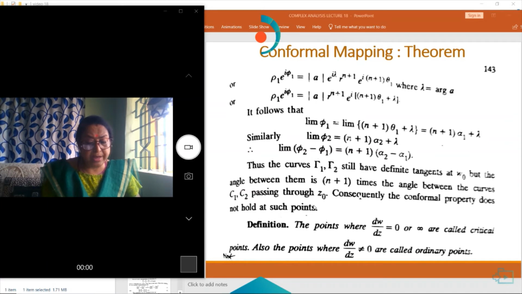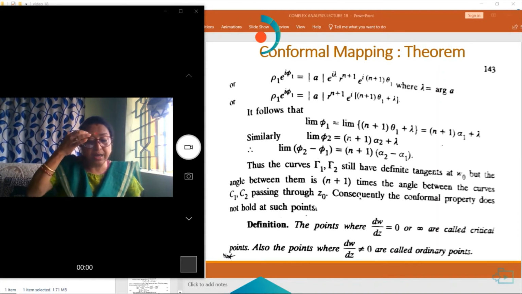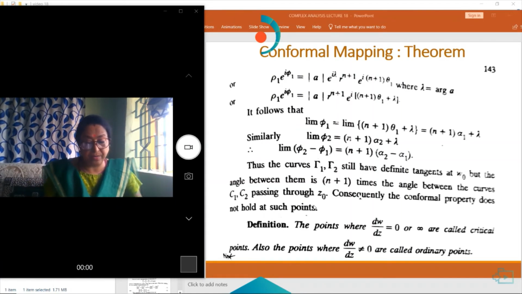Phi 2 minus phi 1 is in the W plane and alpha 2, alpha 1 in the Z plane. Now here phi 2 minus phi 1 is equal to n+1 times alpha 2 minus alpha 1, whereas for conformality it should be equal to alpha 2 minus alpha 1.